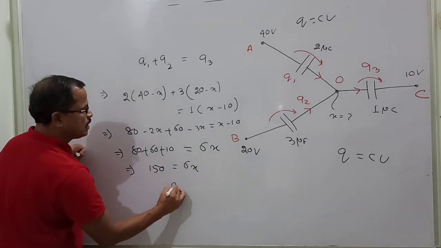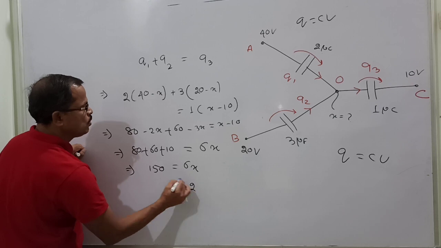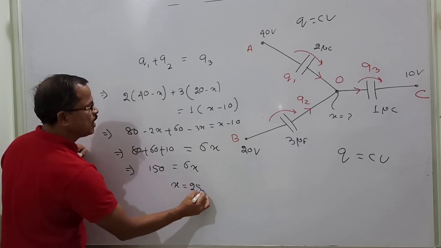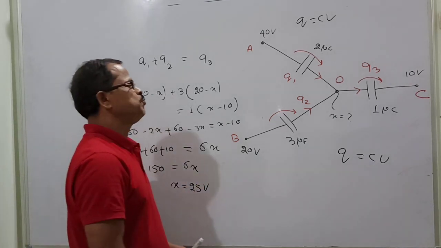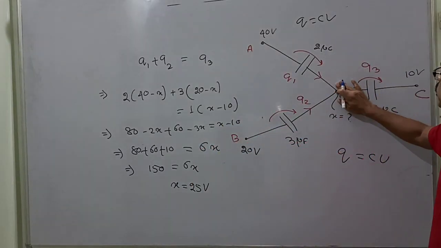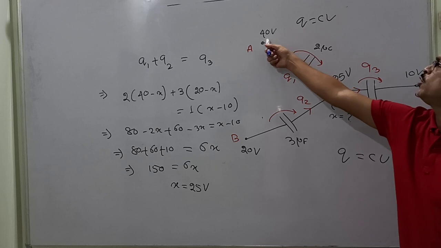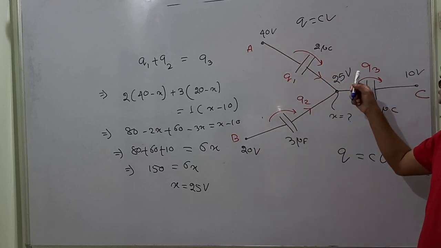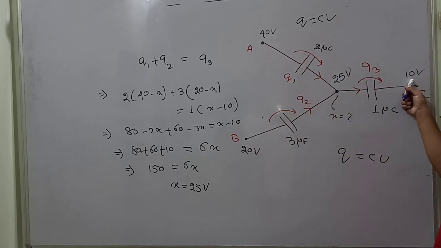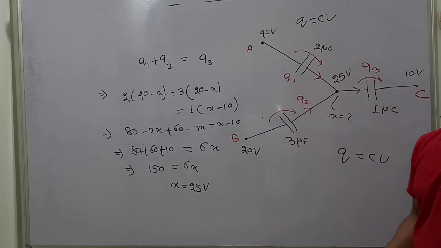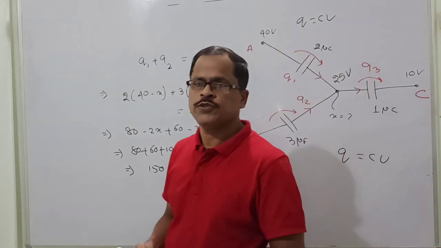So 80 plus 60 plus 10 is 150, equal to 6X. Then X is equal to 150 by 6, which is 25 volt. So the potential of the junction O is found to be 25 volt. It is 40 volt, 20 volt, 25 volt, 10 volt. This is how the problem is solved based on Kirchhoff's law.